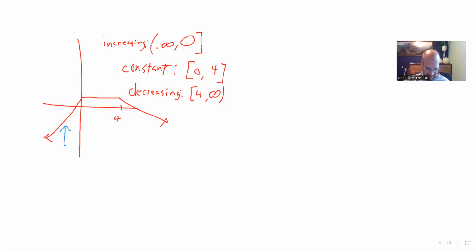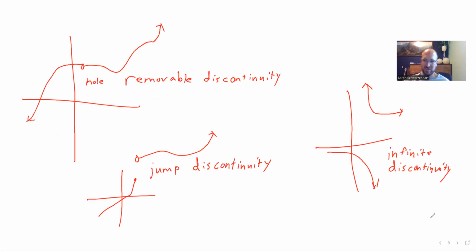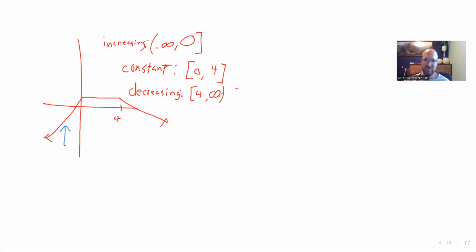So we can identify discontinuities. A removable discontinuity, let me give an example of that, could look like this one here.